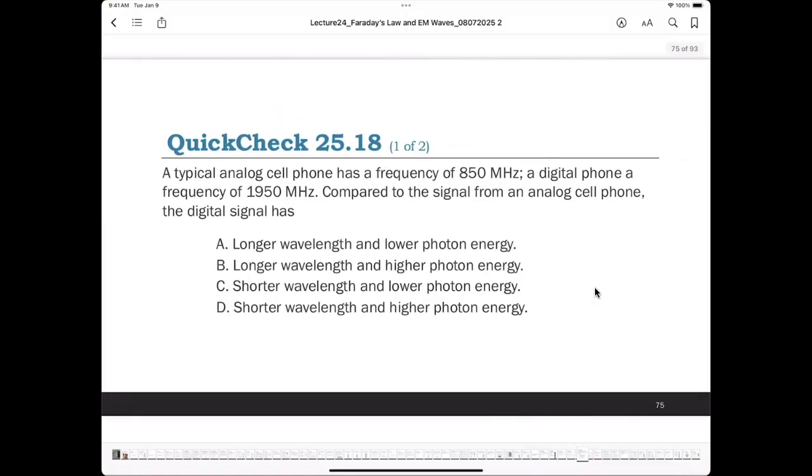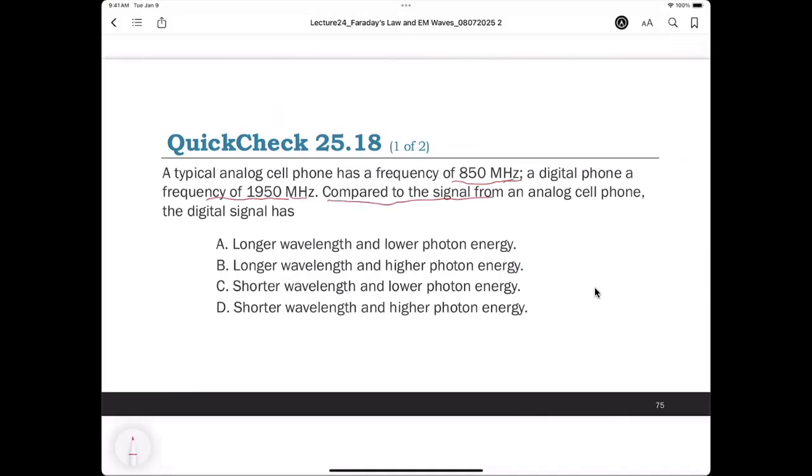A typical analog cell phone has a frequency of 850 megahertz, and a digital cell phone has a frequency of 1550 megahertz. Compared to the signal from an analog cell phone, the digital signal has... it lets us compare the energy and the wavelengths.